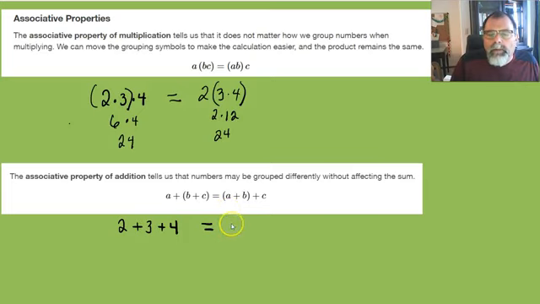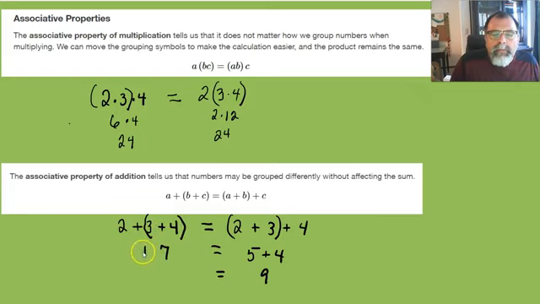So if I do the 2 plus 3 first, I get 5, and then 5 plus 4, I get 9. And then let's look at it this way. If we group the last two, 3 plus 4 is 7, and then 2 plus 7 is 9. And you see you get the same number. So that's the associative property.